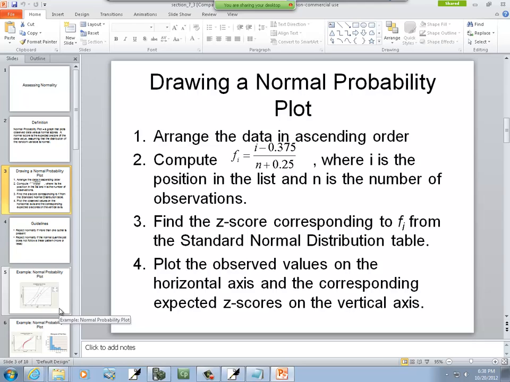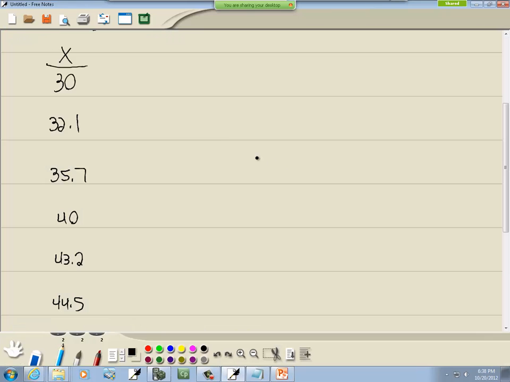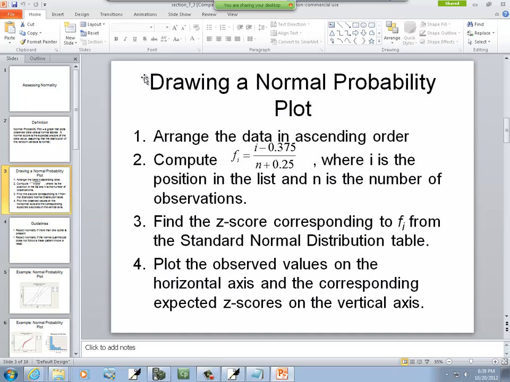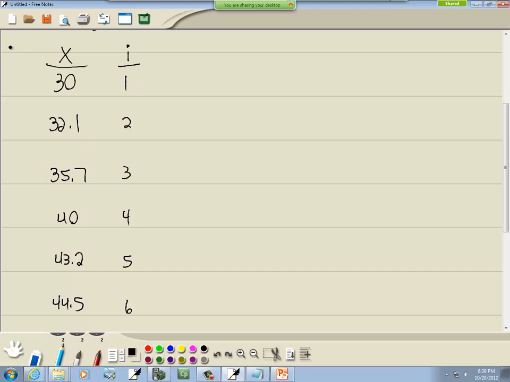Okay. So i is the position in the list. So this is the first position, second, third, fourth, fifth, and sixth. And n is the number of observations. We got 6, so n is equal to 6.